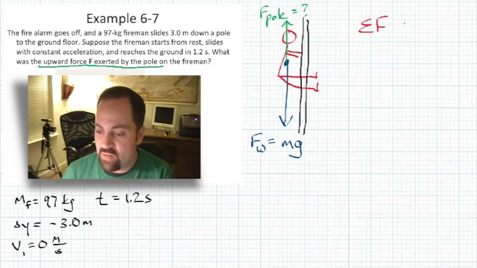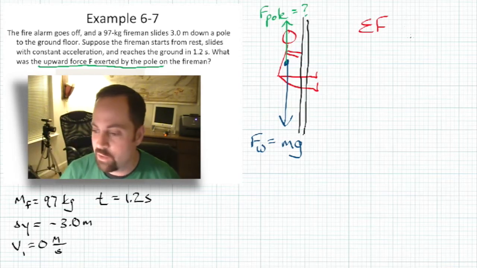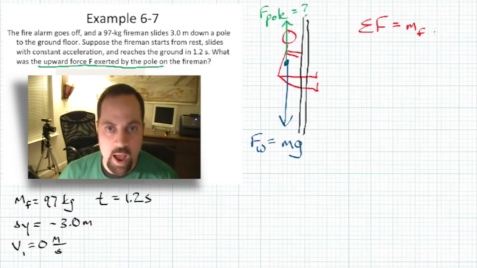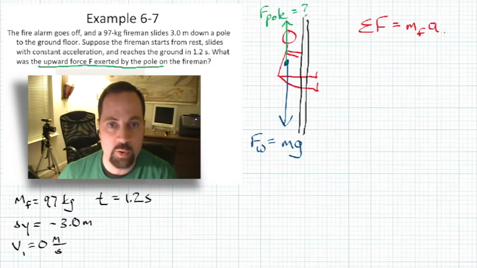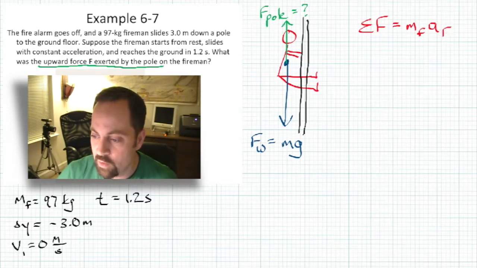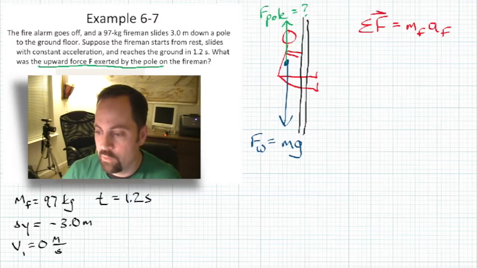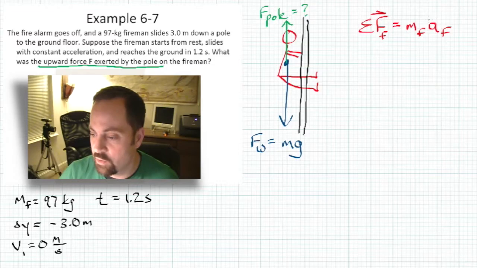The net force, whatever that is, when we have that downward gravity versus the upwards friction, that's going to give us the mass of the fireman times the acceleration that this person is experiencing. So the net force on the fireman is the mass of him times the acceleration.